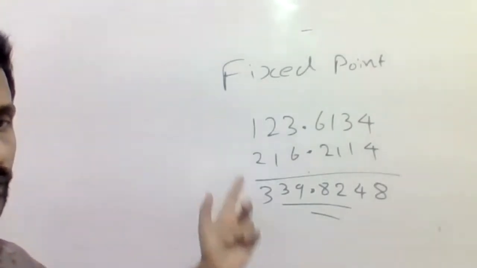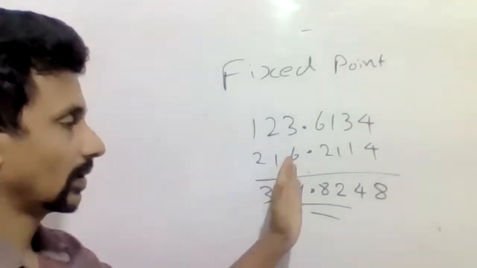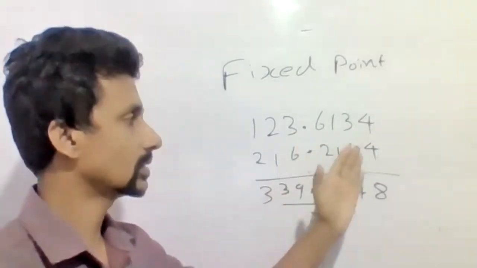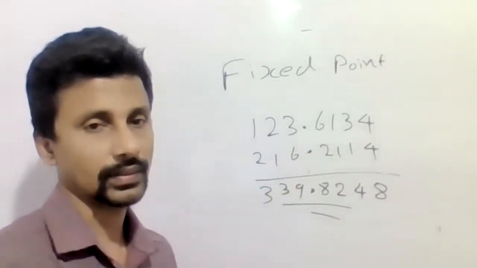Okay, take this down quickly. So in each number you have the decimal point in the same place.